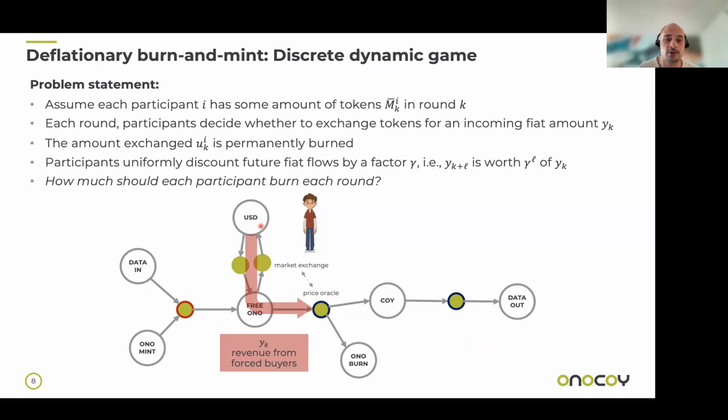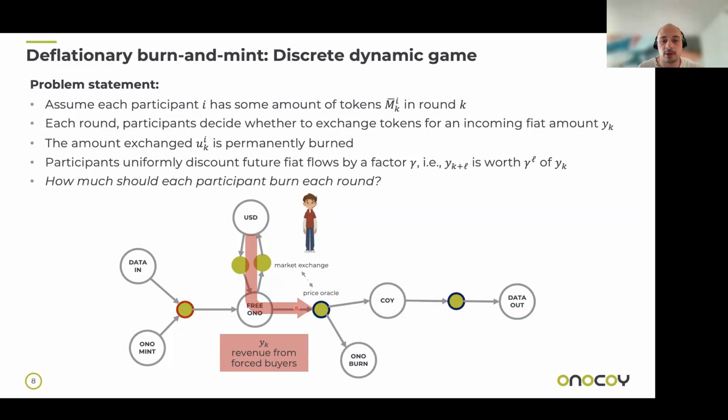They are exchanging their dollars, their hard-earned money, for data that they need. And why don't they care about the price? Because the USD get converted to tokens, in this case Ono, and the Onos immediately get converted to Koi at a 1-to-1. You just get some slippage there, perhaps, but let's say that's negligible, which it probably is. And then you get data.